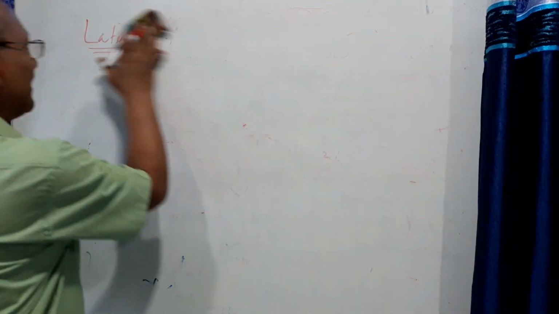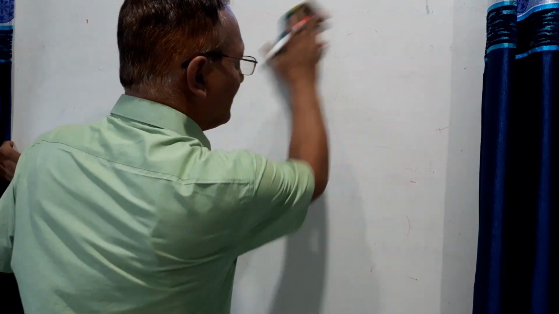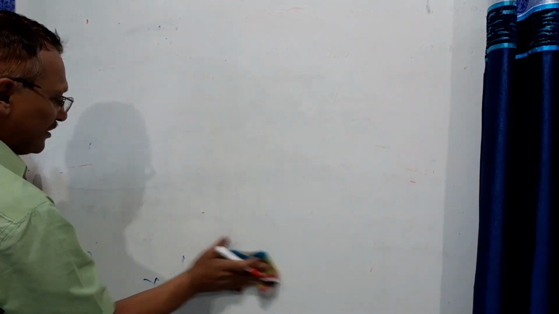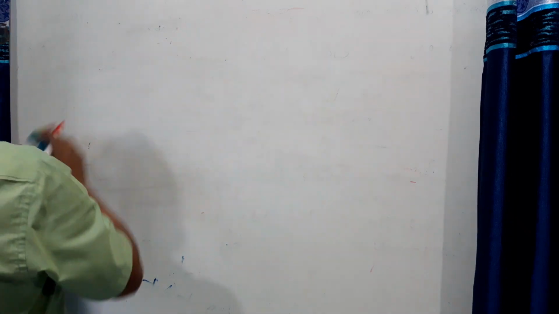Aortic part means the anterior part of the vessels. This is called aorta.